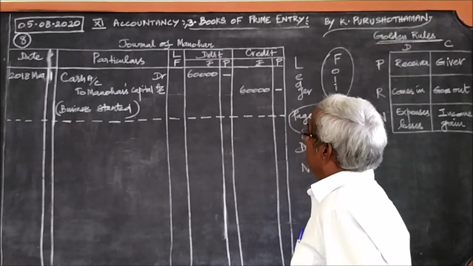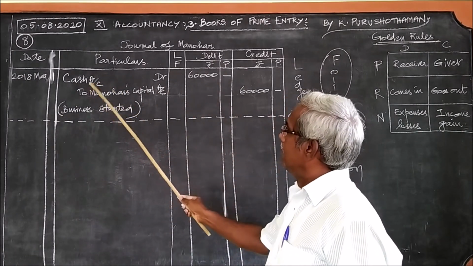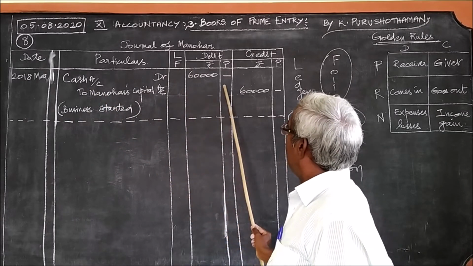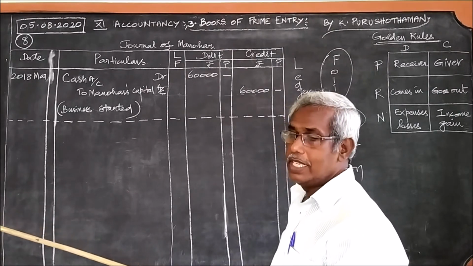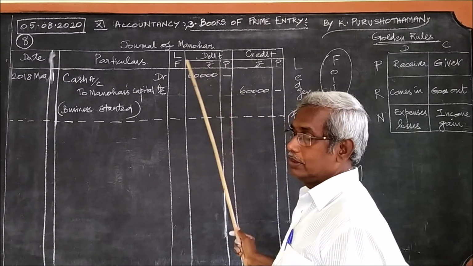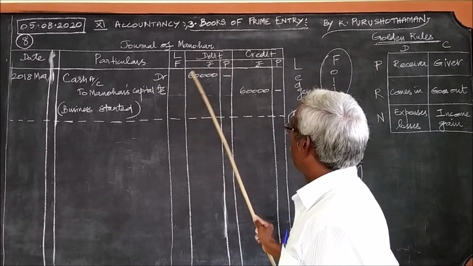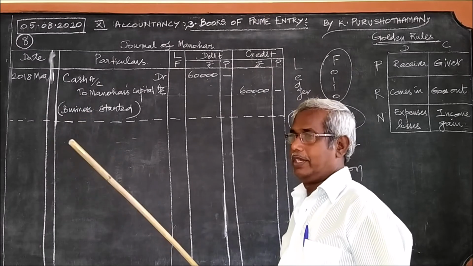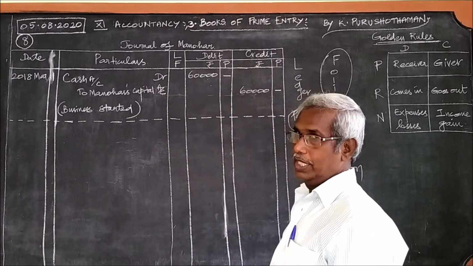Okay then, the first line is for debit. Second line is for credit. The amount, of course, the easy thing in this attempt is writing the amount. What amount is given, you write in the debit column as well as in the credit column. This is very easy one. You write 60,000, 60,000.